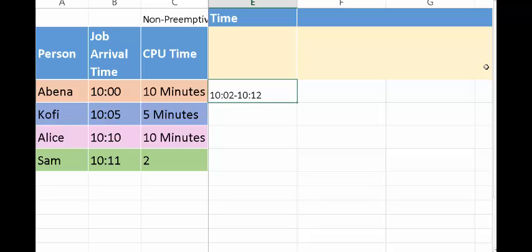So for just that period of time, utilization usually, someone could ask you to do it for the whole schedule or for just the process, right? So if you look at just the time when Abna came in till 10:12, the utilization there is actually just 10 out of 12.